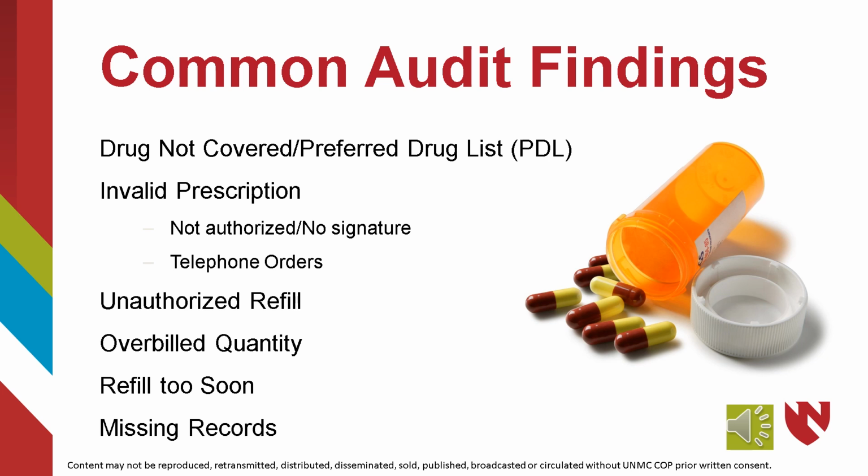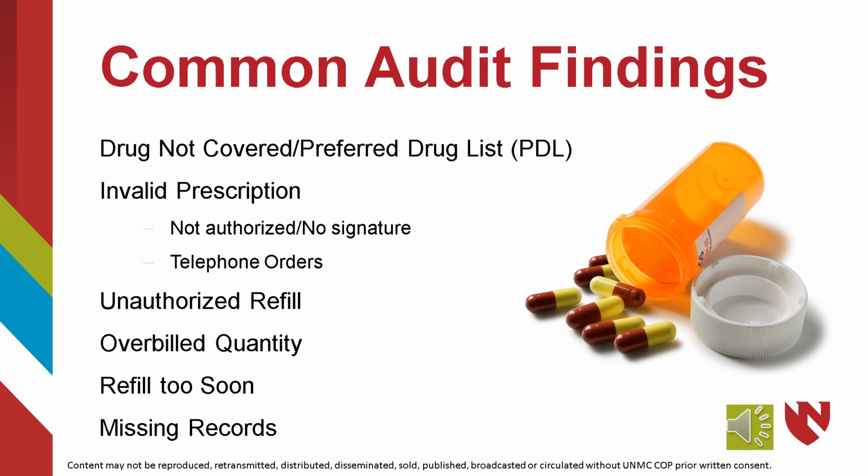An overbilled quantity: there's a certain amount that the prescription allows for the patient. There's a certain amount that the third-party payer allows to be billed for as a month supply, and sometimes that's overbilled. The refill's too soon, again, that has to do with the threshold rule.